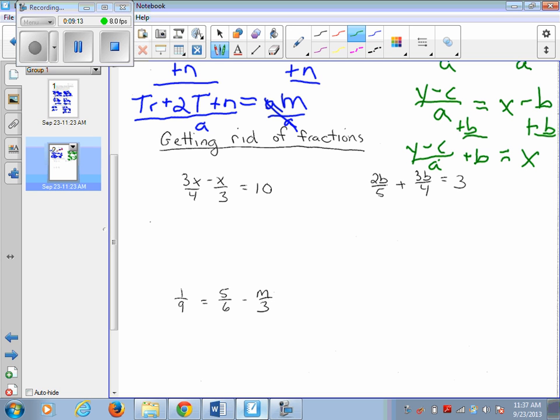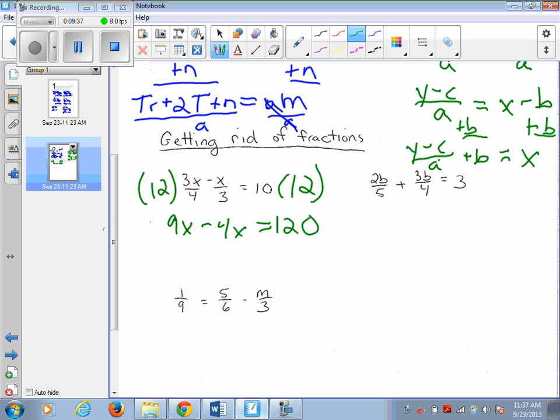Okay, so we have 3x over 4 minus x over 3. We can multiply both sides by 12, which is going to give us 120 on this side. And then it is going to give us, let's see, 9x minus 4x.